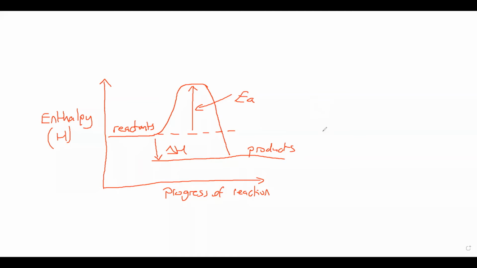So reactions with low activation energies often happen relatively easily, but reactions obviously with high activation energies, you can imagine don't, as there will be less particles with the required amount of energy in order to react.